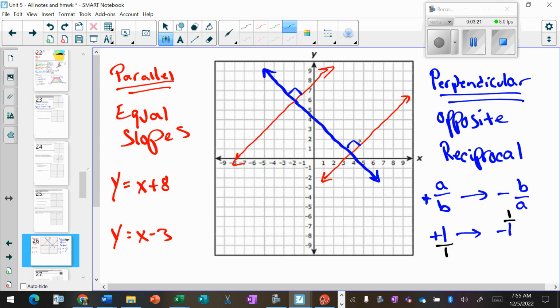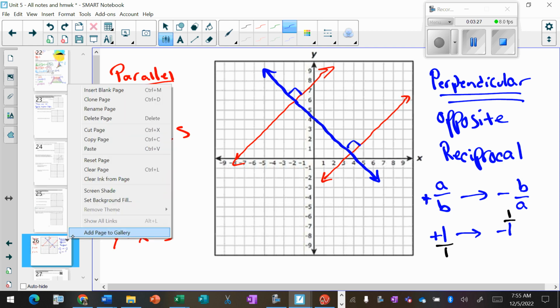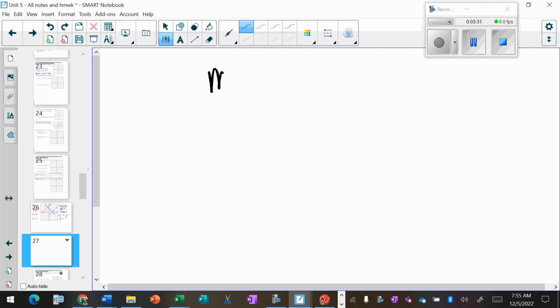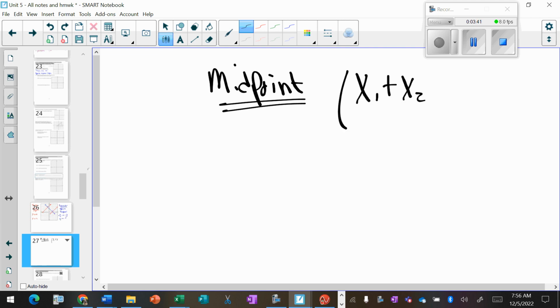We are going to take the idea of opposite reciprocal slopes, and then we are going to combine it with the other thing I want to review with you, and that is midpoint. So we did midpoint on the first day of the unit. Midpoint is when you add the two x values together and you add the two y values together and then divide them by 2.